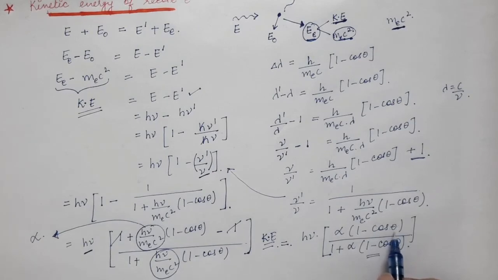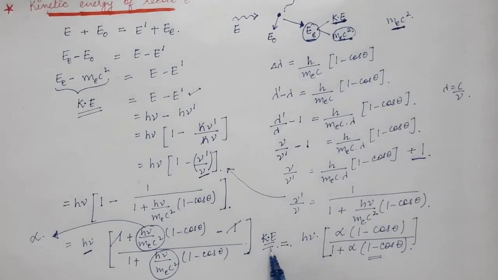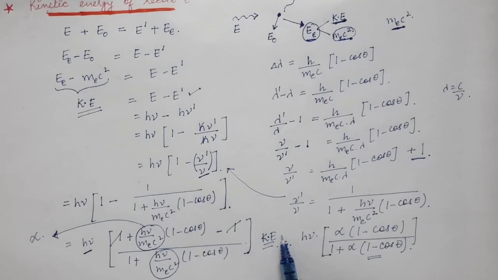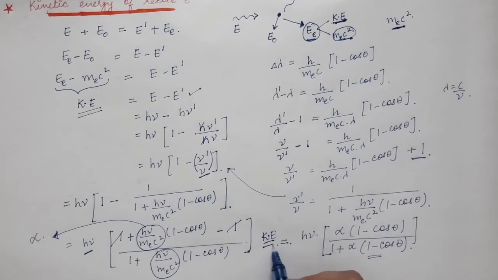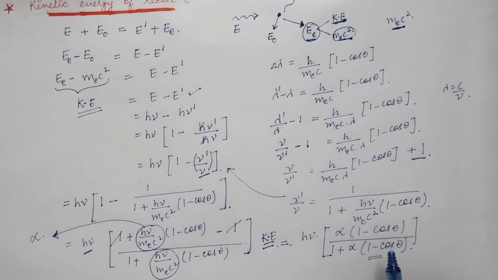So the scattered photon makes an angle of theta with the horizontal axis. So we have found the kinetic energy of the recoil electron in terms of the angle of scattering of the photon. Similarly, you can find the expression of kinetic energy in terms of phi also.